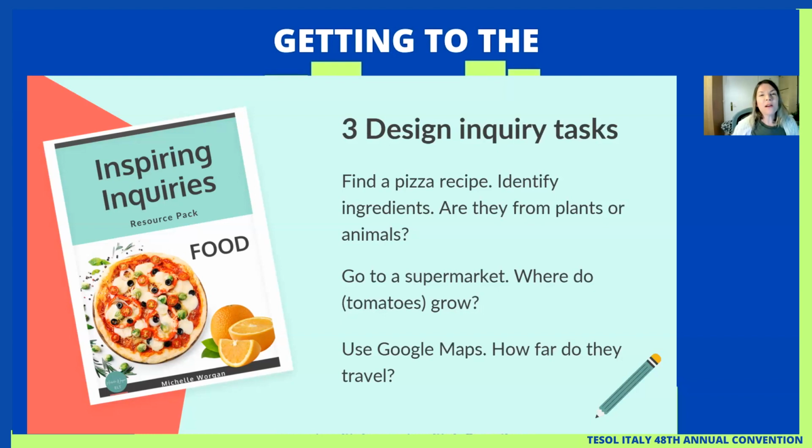So there's quite a lot of language here. There's food vocabulary, there's countries, numbers, transport, maybe cooking vocabulary if you wanted to focus a bit more on the recipe too. And then with older children, I would probably discuss the sustainability aspect too, which takes them a bit further than the initial essential question.